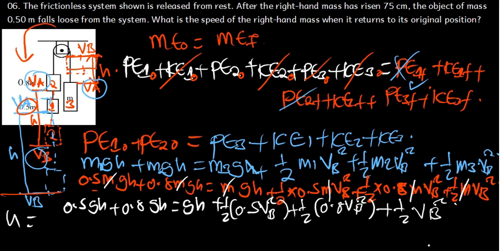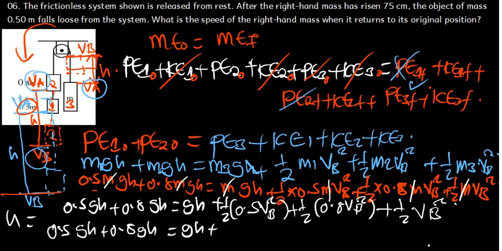Now from here, I can simplify this and say I'm going to have 0.5 gh plus 0.8 gh equal to gh plus 1 over 2, which is 0.5, times 0.5, so I'm getting 0.25 vb squared.